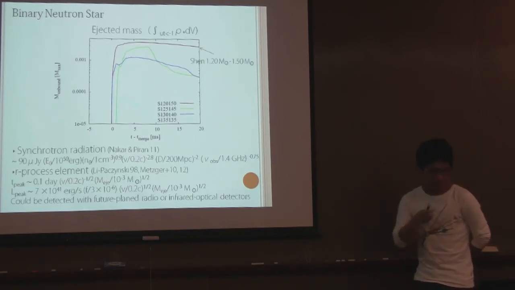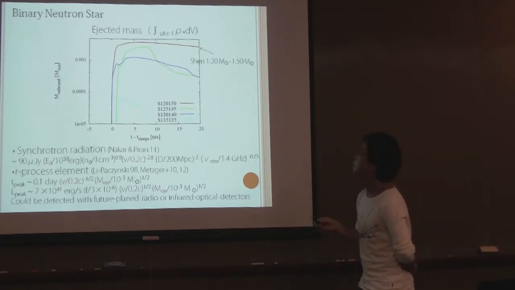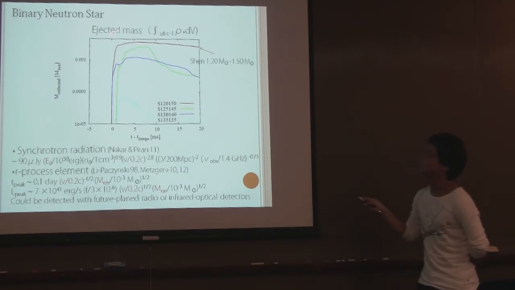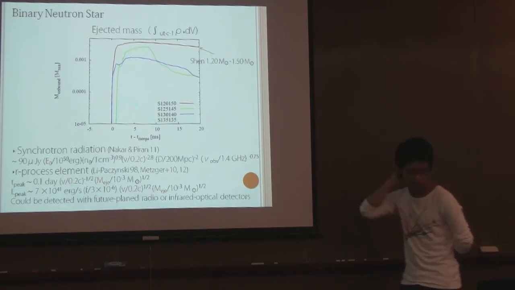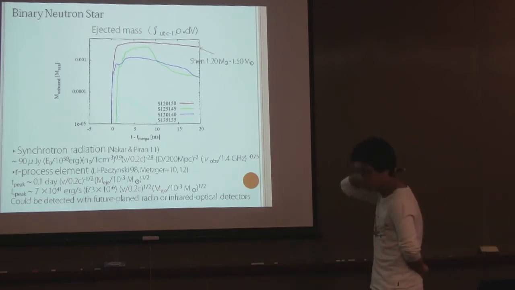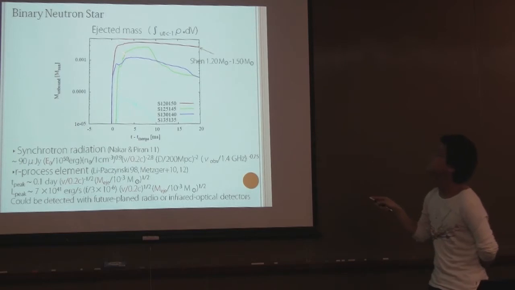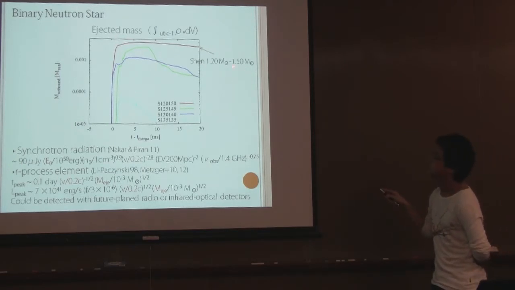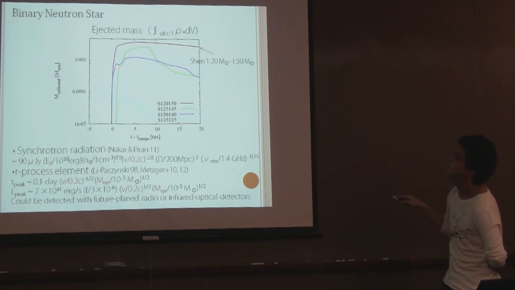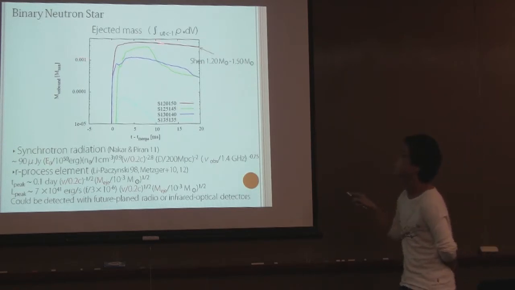Okay, let me discuss the electromagnetic counterpart. As I shortly touched on in the introduction, the ejected mass is important for the electromagnetic counterpart. This is the evolution of the ejected mass. And if the system is asymmetric, such as 1.2 and 1.5 solar mass, the ejected mass is greater than 10 to the minus 3 solar mass.